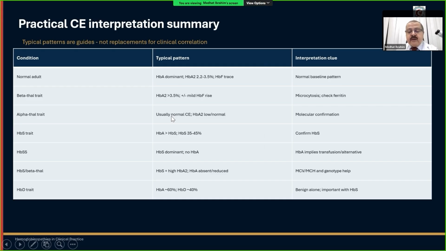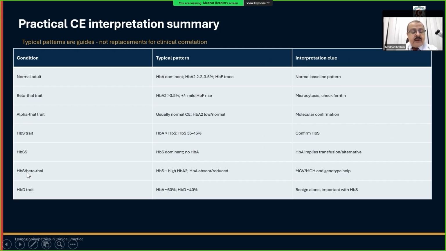Alpha thalassemia trait might show a normal pattern, and I will explain this later. For S trait, you have to have at least 30 to 45% hemoglobin S. Then hemoglobin S disease, where you have two abnormal beta chains, you get no hemoglobin A, and this is very important. No hemoglobin A, right?